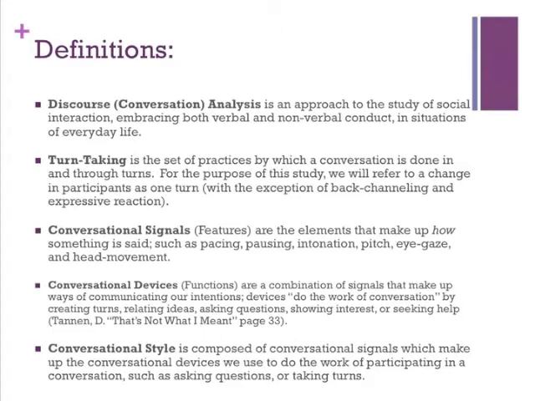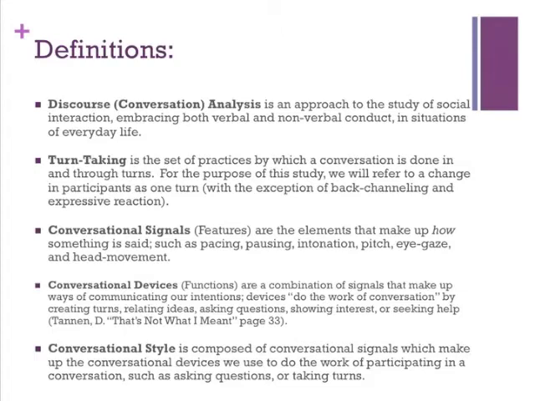Conversational signals, or features, are the elements that make up how something is said, such as pacing, pausing, intonation, pitch, eye gaze, and head movement. Conversational devices, or functions, are a combination of signals that make up ways of communicating our intentions.